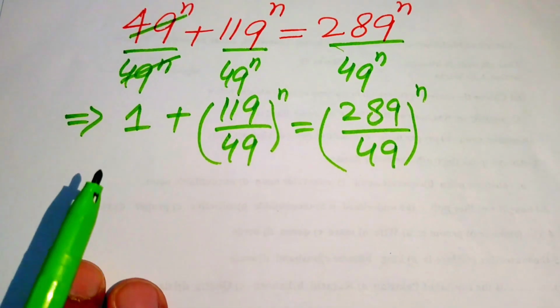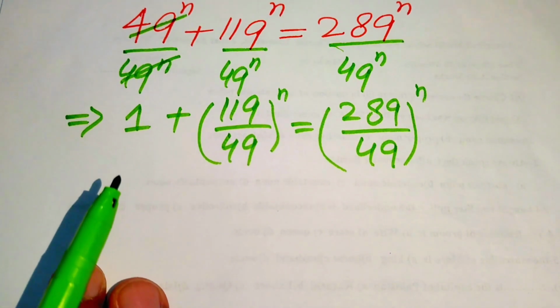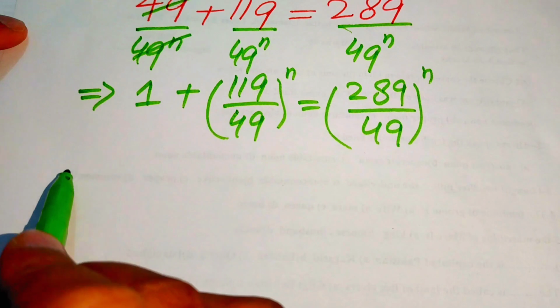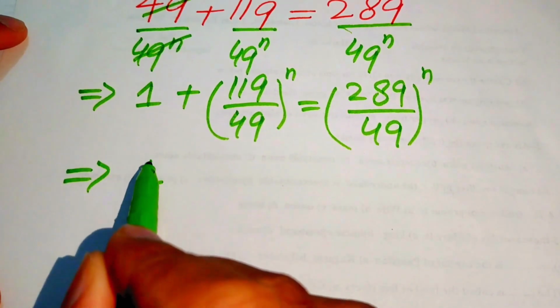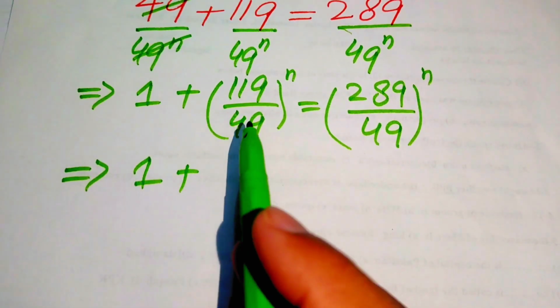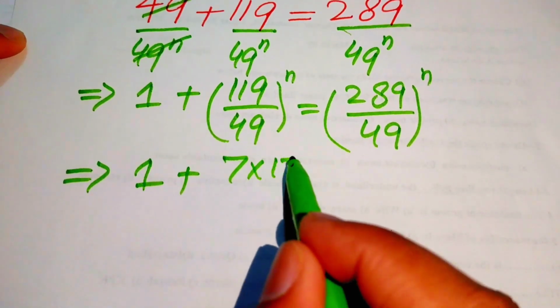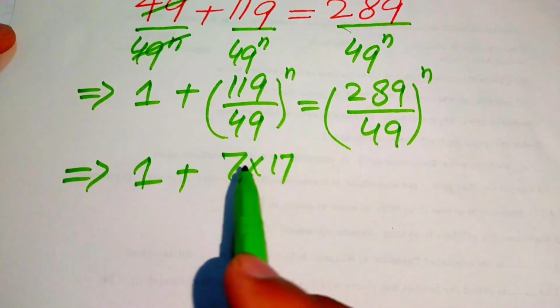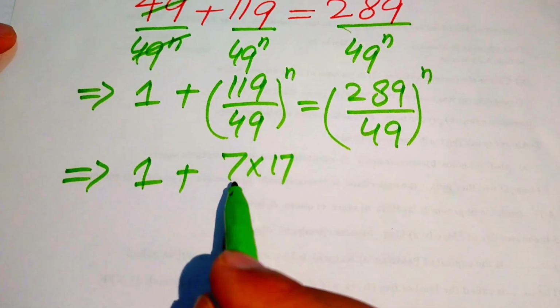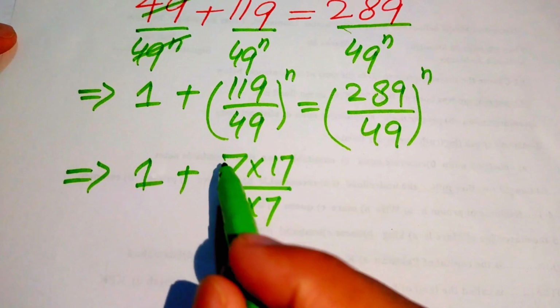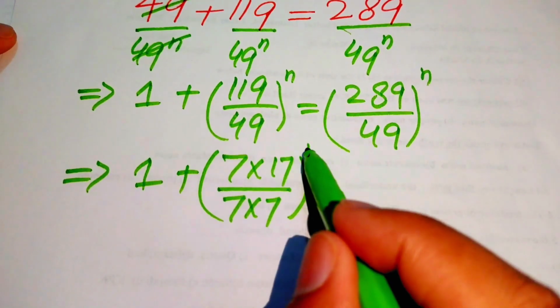Similarly, in the next step, we just rewrite this equation as 1 plus, here we write this 119 as 17 times 7. We know that 17 times 7 equals 119, and we know that 49 equals 7 times 7 and its whole power n.